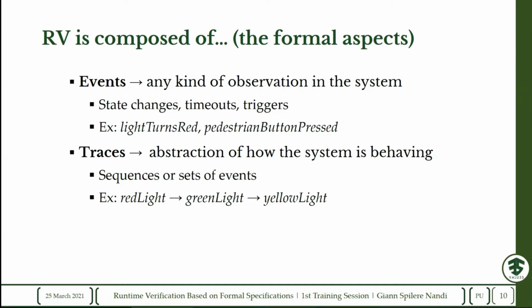It could be a change of state, some timeout, or some trigger that happens. For example, a light turned red, or a pedestrian pressed the stop button. Traces are sequences or sets of events. For example, we saw that the traffic light went red, it went green, and went yellow. And let's say that's one trace that you observed in your system.